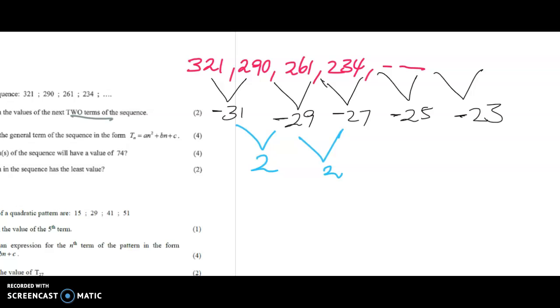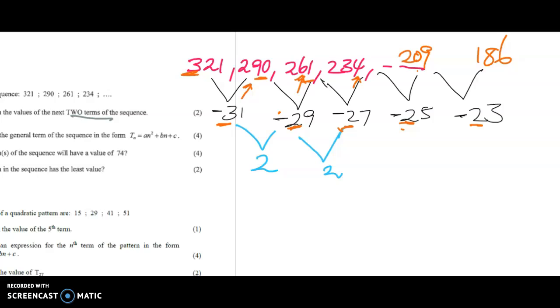So as you can see, there's a sequence here, more like 321 minus 31, we get 290. 290 minus 29, we get 261. 261 minus 27, we get 234. 234 minus 25, we get 209. 209 minus 23, we get 186.